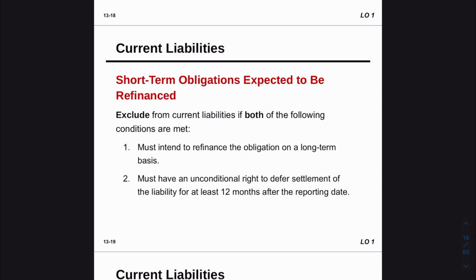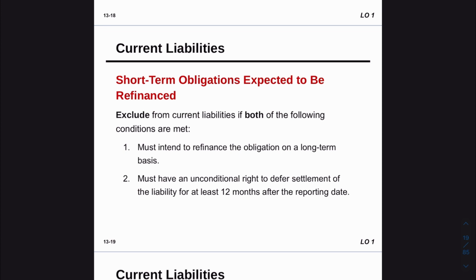And this is what I explained before: if we take a loan, and that loan was for a short term, maybe less than 12 months, to pay for that current liability, it is considered as a current liability. But if that loan is for more than 12 months, which is for a long-term obligation, it is not going to be considered as a current liability. In this case, it's going to be considered as a non-current liability.